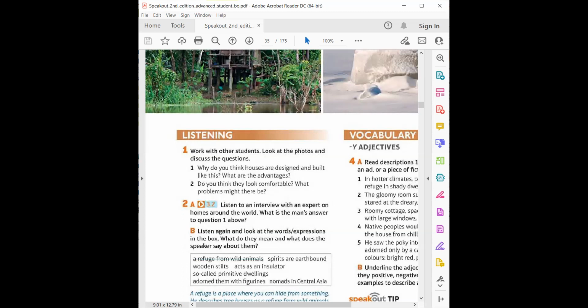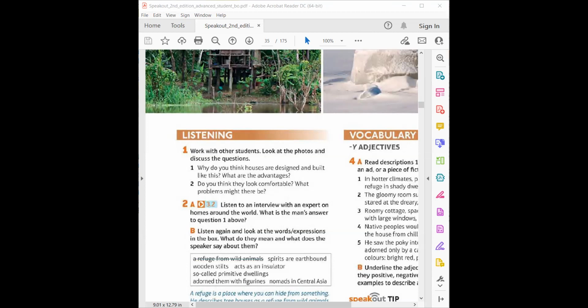So, the answer to the first question, according to the recording? For the wooden house, he said that they build it high on the trees to be safe from animals and jungles.